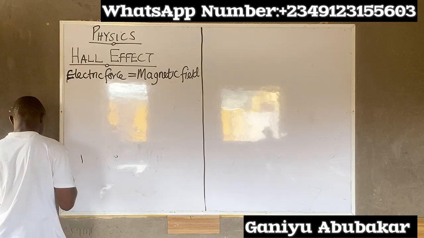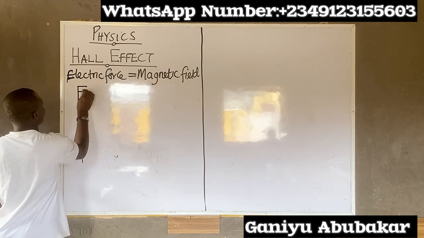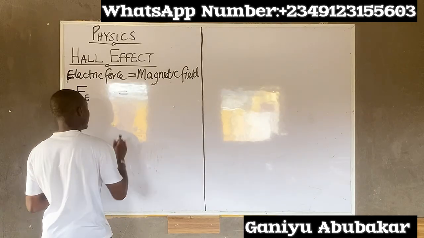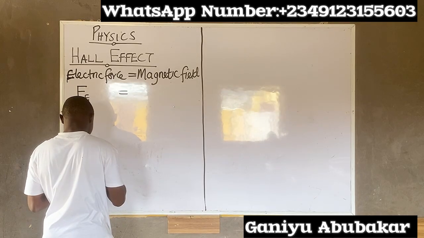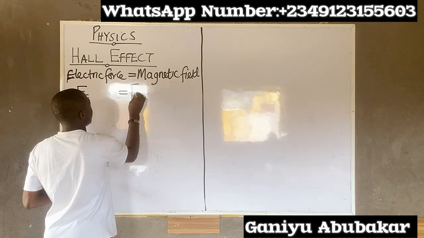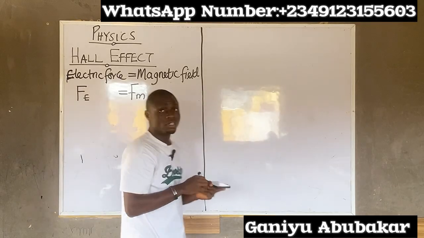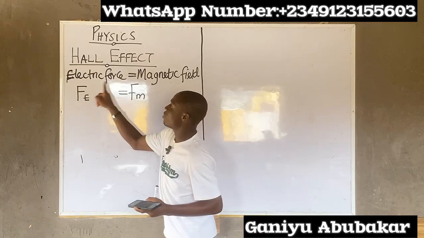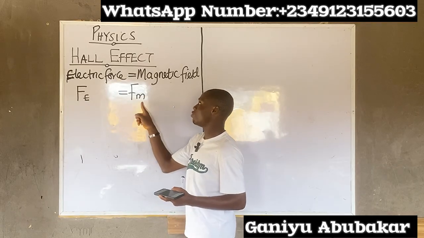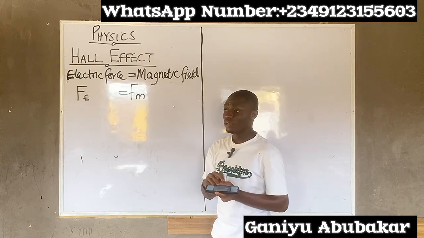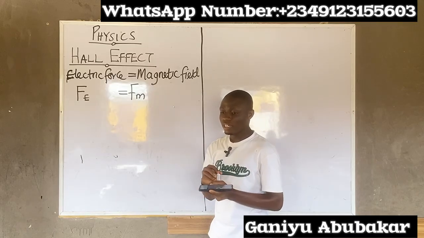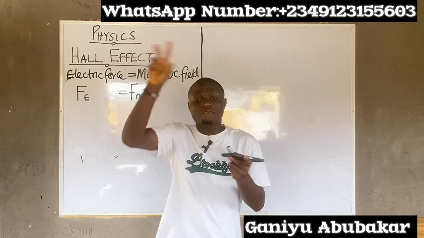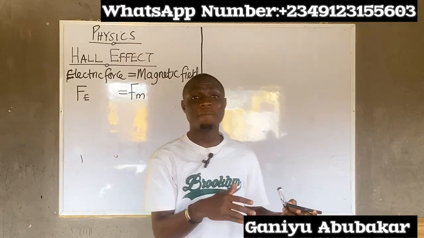Electric force is represented by Fe, which is equal to the magnetic force, Fm. So Fe signifies electric force and Fm signifies magnetic force. In the Hall effect, it was discovered from experiments that the electric force is equal to the magnetic force.